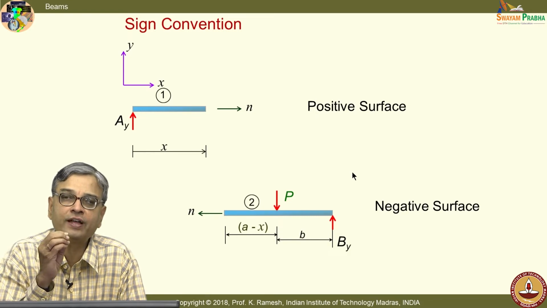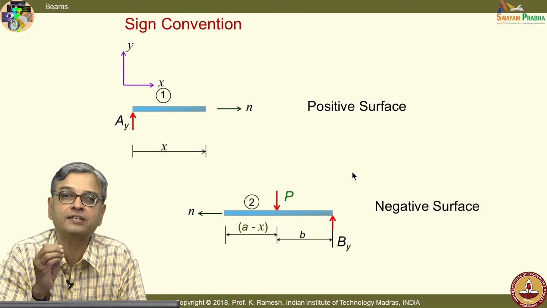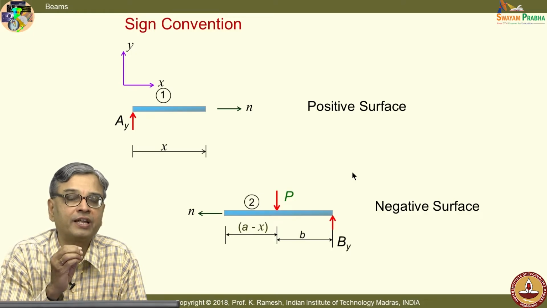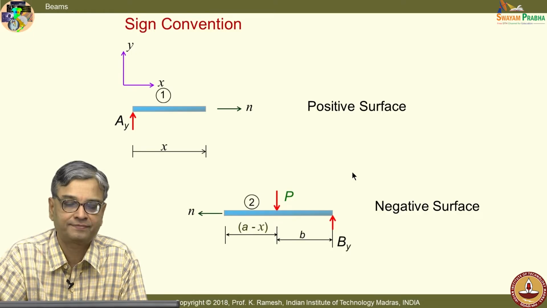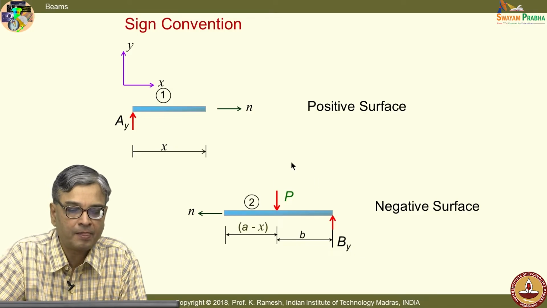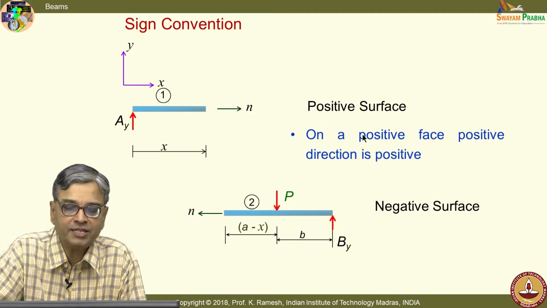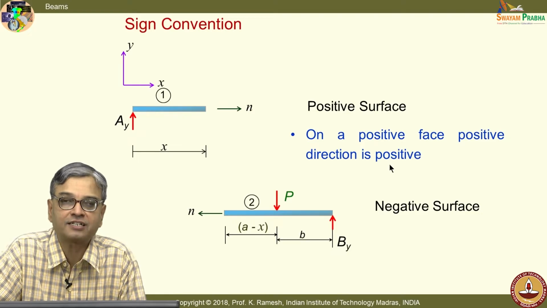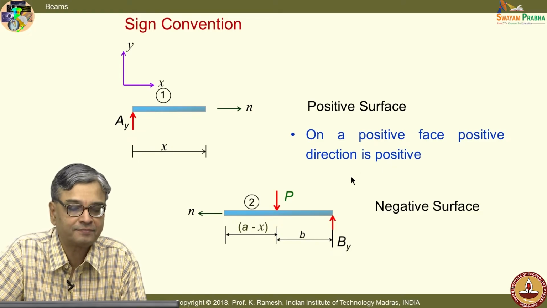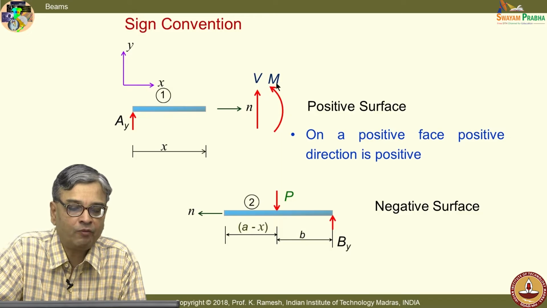So, I must follow a convention to put the forces on this free body to start with. On a positive surface, the positive direction is positive to start with. So, I would indicate the unknown force as V coinciding with the positive direction of the y axis, and we have always been saying anticlockwise moment is positive.